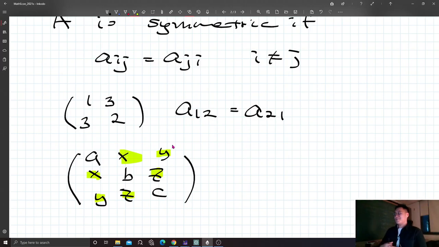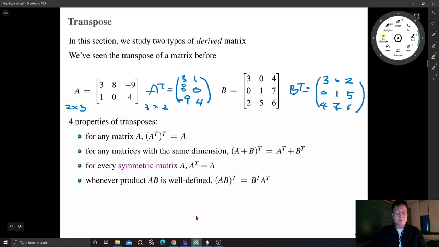So even after interchanging rows and columns, we have the same matrix. The first column is the same as the first row, the second column is the same as the second row, and the third column is the same as the third row. So taking the transpose does not change the outcome in the case of a symmetric matrix.